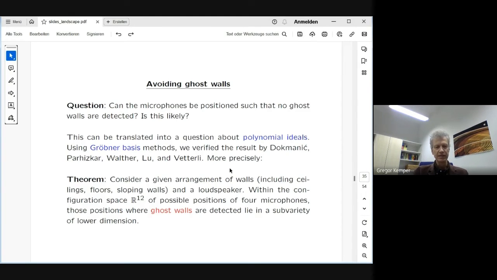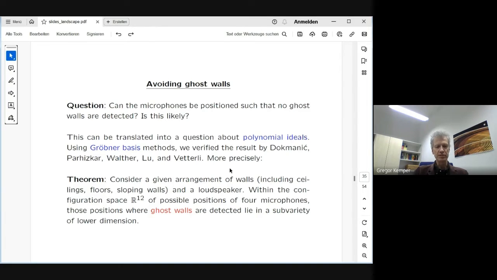And this would be the theorem in another formulation. So consider a given arrangement of walls, and that includes ceilings, floors, sloping walls, anything you might have, plus a loudspeaker. And then, given this, you can position the microphones in the room in an arbitrary way. Because there are 4 microphones, this gives a 12-dimensional configuration space.